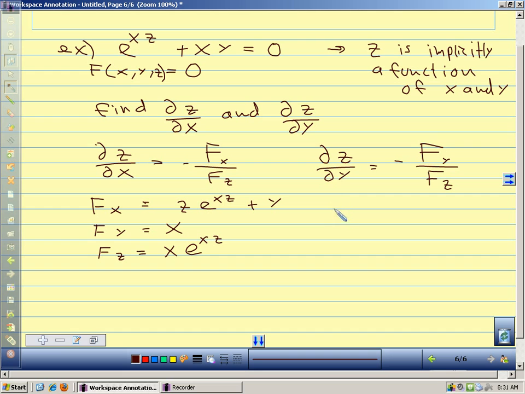So dz dx is minus z e to the xz plus y over x e to the xz.